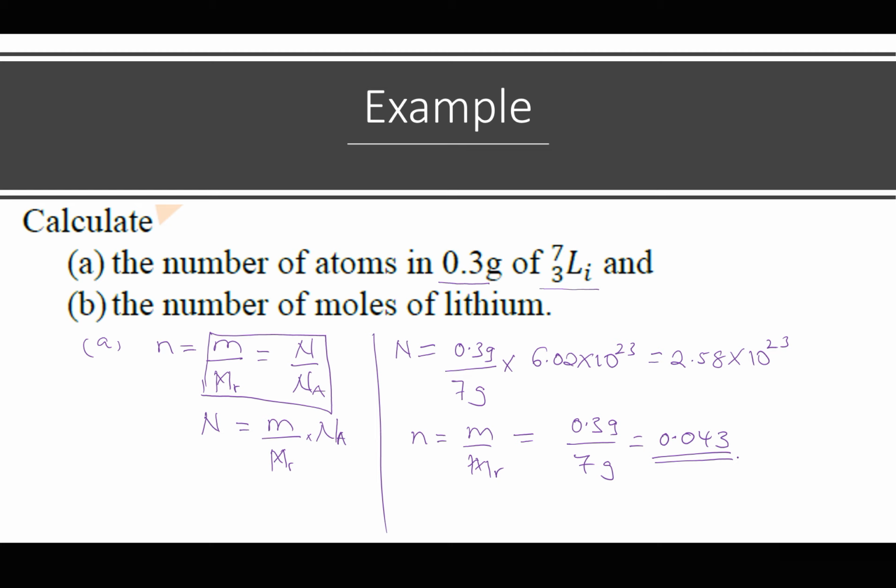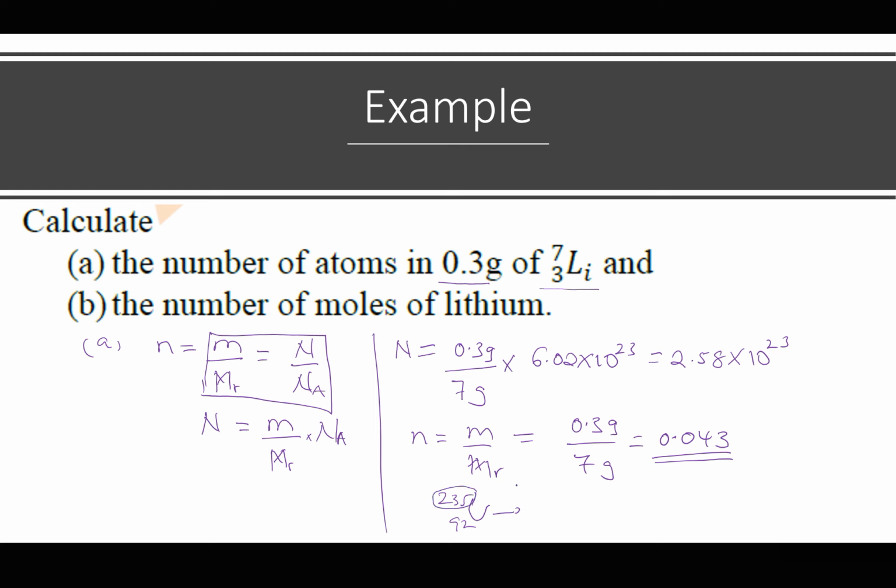So in conclusion, if we want to find the mass of 1 mole of a particular element, we simply take its nucleon number expressed in grams. For example, if I have uranium-235, and I want to find the mass of 1 mole of uranium-235, then I must take the nucleon number of uranium-235 in grams.